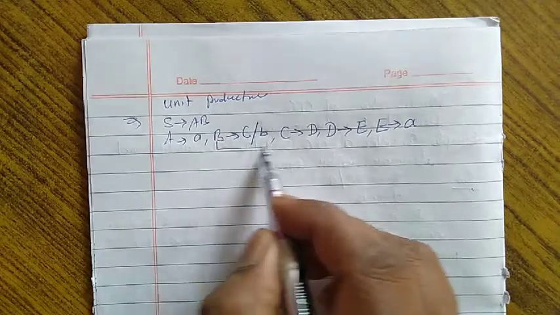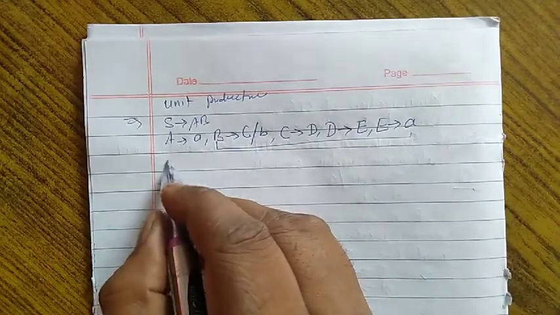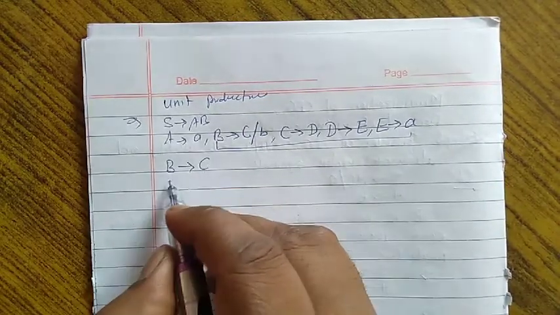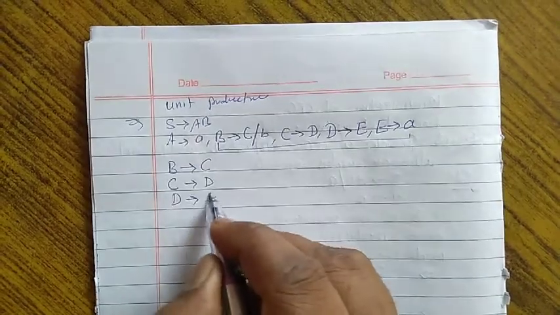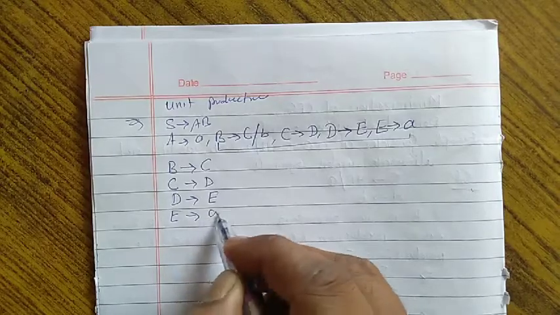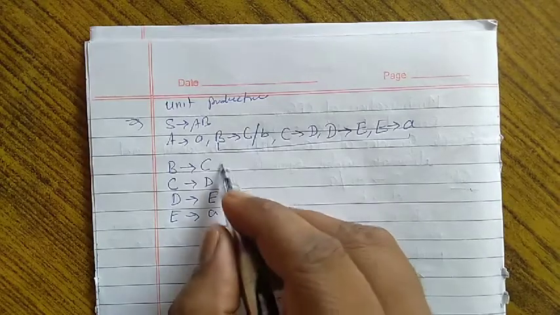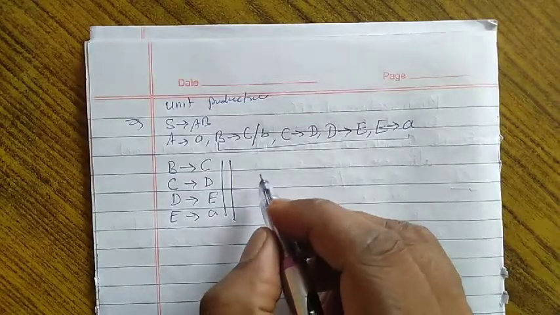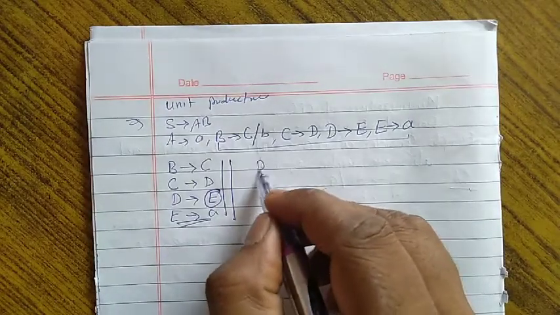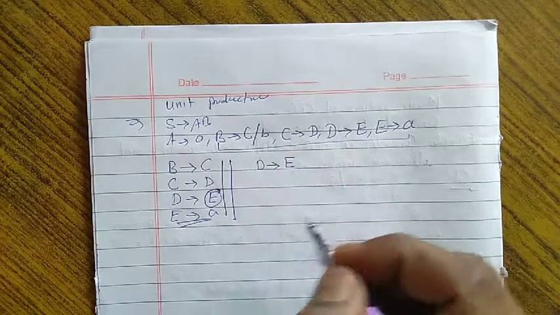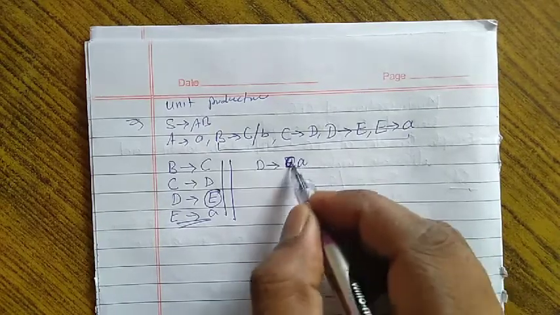Here we have a cycle: B produces C, C produces D, D produces E, and E produces A. So we can replace E by this production, and we get D gives A.